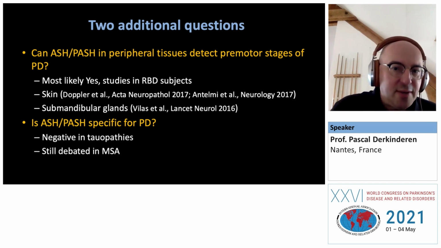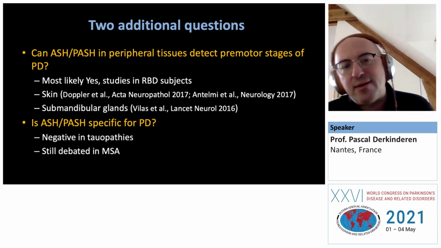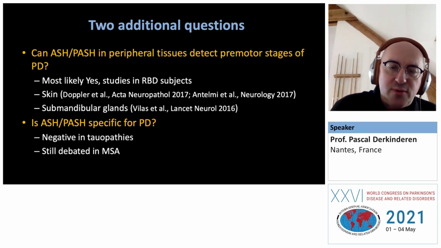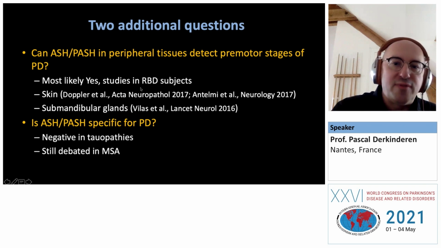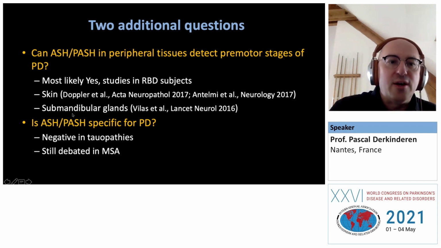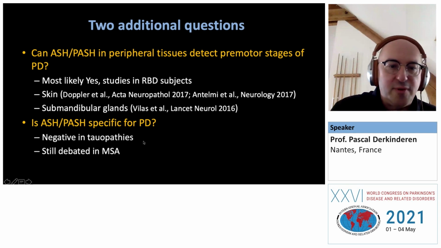This is still a bit debated, but there are a few studies on the topic, and the answer is most likely yes, because a few studies have been carried out in subjects with REM sleep behavior disorder, and the presence of alpha-synuclein deposits has been observed in the skin of RBD subjects, and a paper published by a Spanish group in the Lancet Neurology showed that it was also possible to use submandibular glands to detect Lewy pathology at an early stage in peripheral tissues.